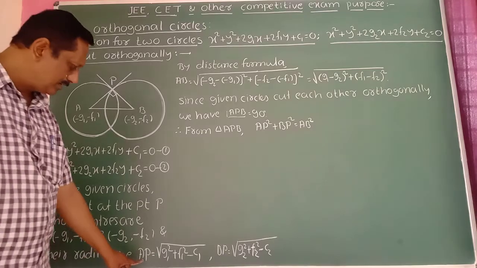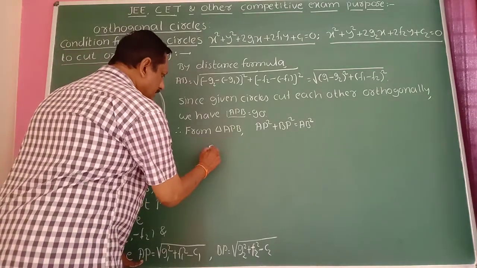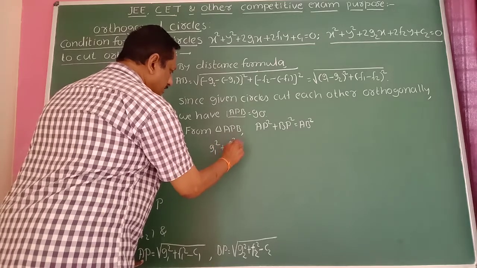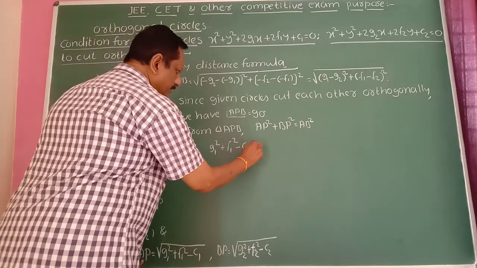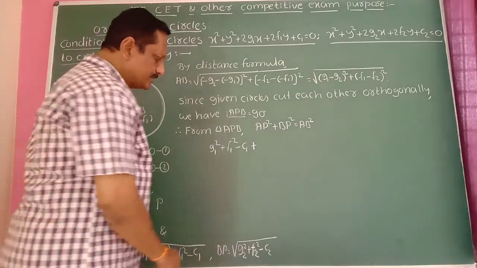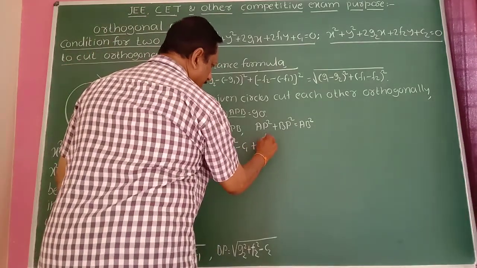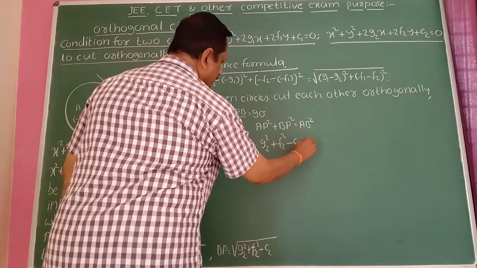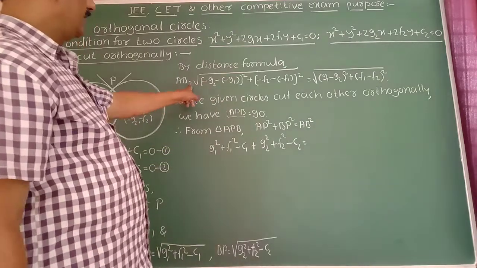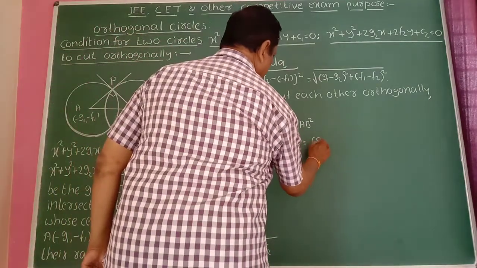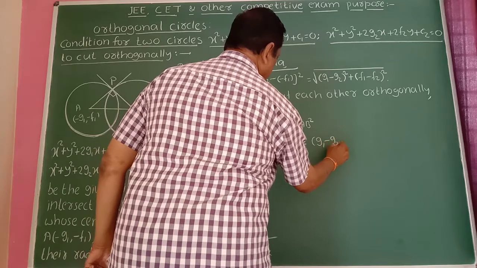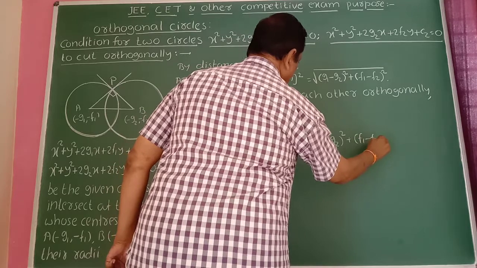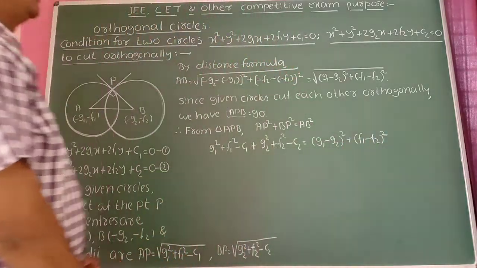You know AP square becomes g1 square plus f1 square minus c1, plus BP square becomes g2 square plus f2 square minus c2, is equal to AB square, which is given by (g1 minus g2) whole square plus (f1 minus f2) whole square.